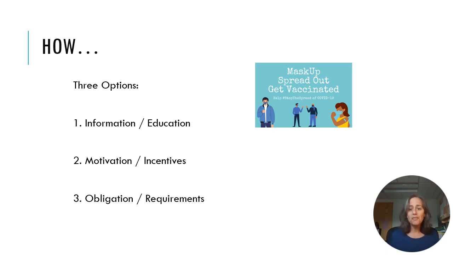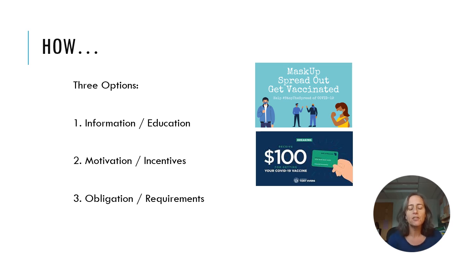So that's a motivation to go and do something that is good for me, right? I don't have to do it, but if I do, I get a nice little reward. So that's a motivation or an incentive. And in fact, there was a time during COVID-19 when the state of Wisconsin would give you $100 if you got a COVID vaccine. So motivations and incentives can be very powerful.